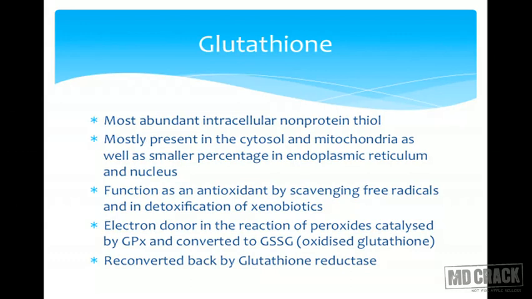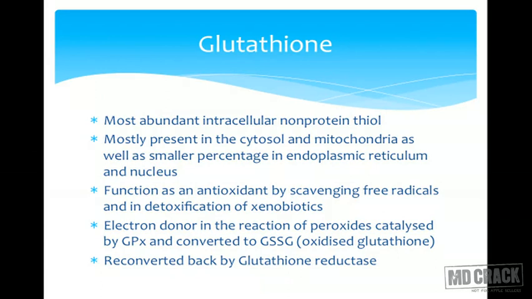So let me talk a bit more about glutathione, which is an important antioxidant. This is the most abundant intracellular non-protein thiol, because it contains an SH group. Remember, glutathione is a tripeptide.